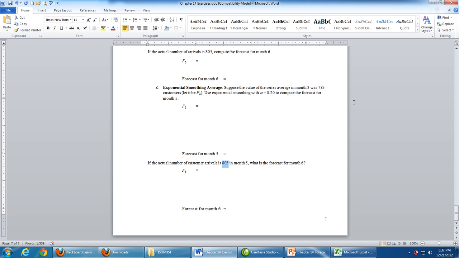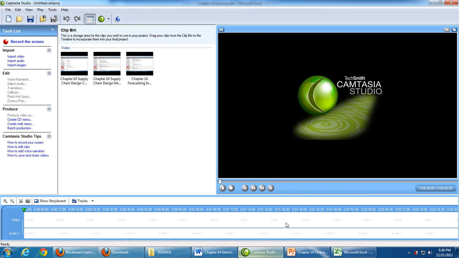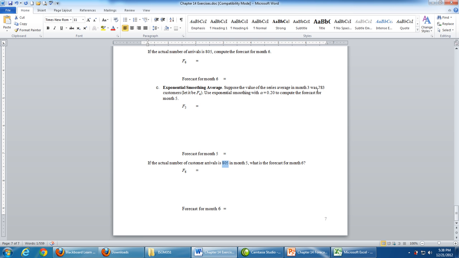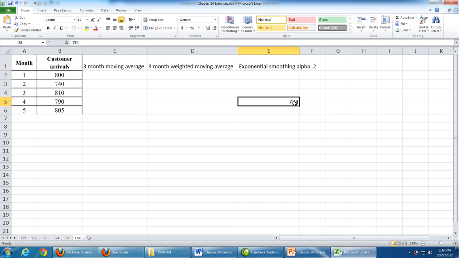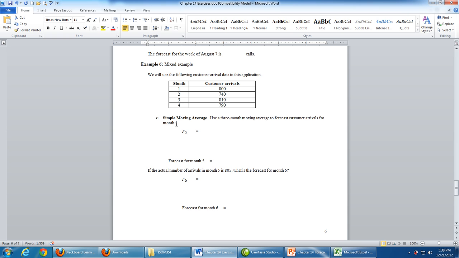Okay, let me confirm it. Alpha 0.2, with F4 784. First we're going to find forecast for 5, and then find forecast for 6.